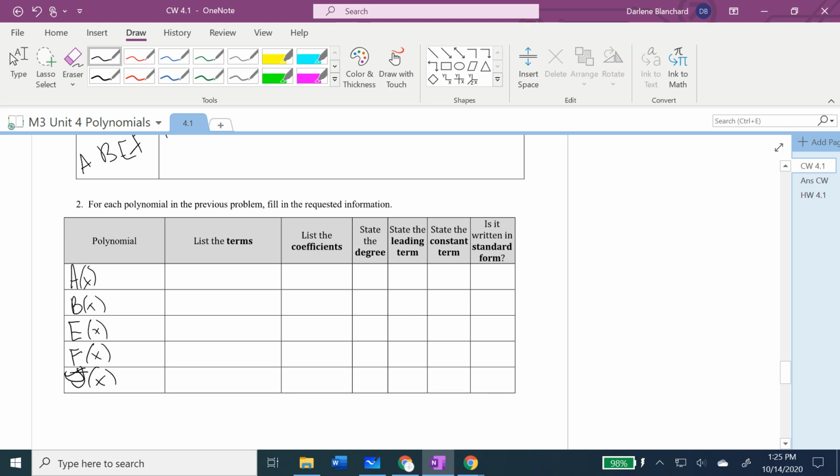And I don't know if you've taken the time to write them down or not. I know it's kind of a pain to have to write it all down. On the homework, I have the polynomials written already. And know that this is just making sure you've got the new vocabulary words.